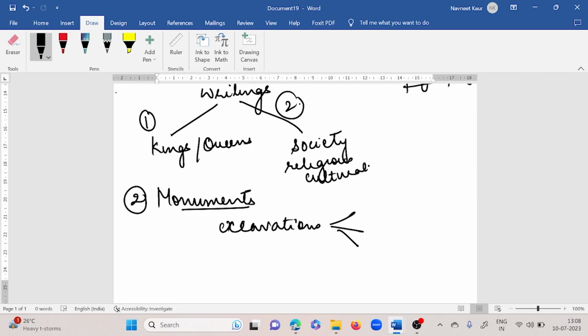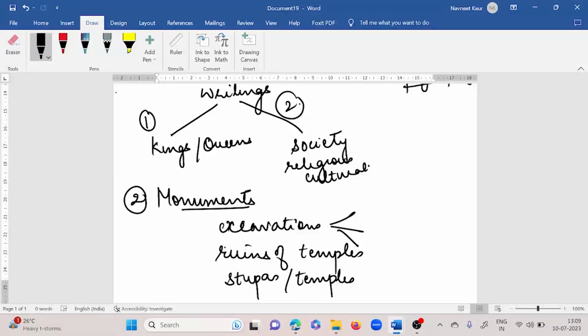And we also came to know in the monument section that there were ruins of temples and many other buildings, forts, palaces, stupas, right? So that made the past interesting. And thirdly, we discussed that the stupas and temples built by Ashoka and the Gupta dynasty are also important sources of history.